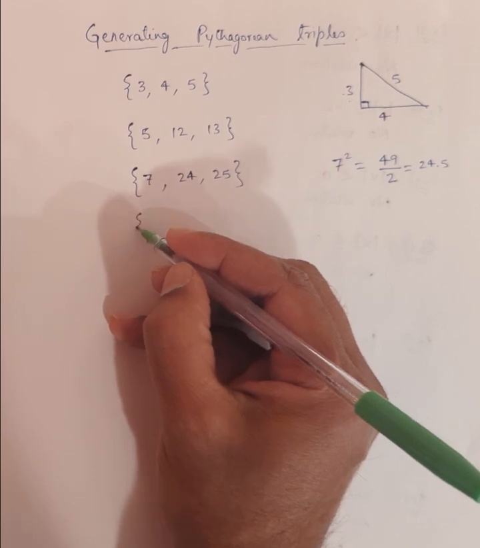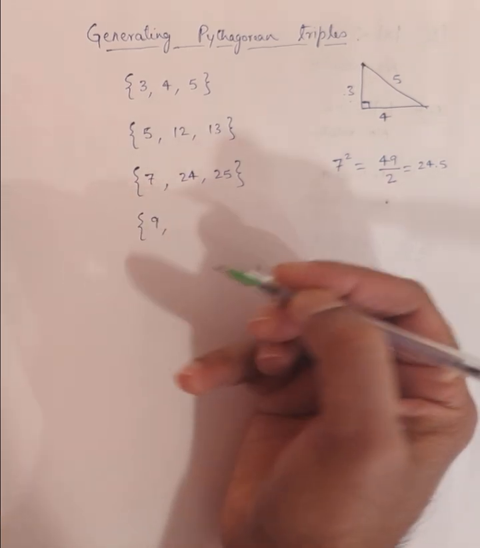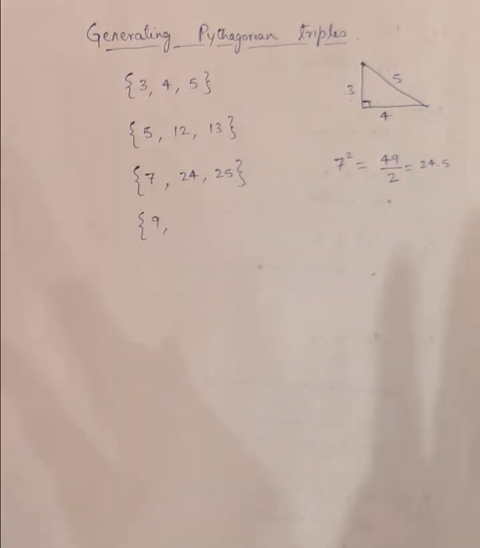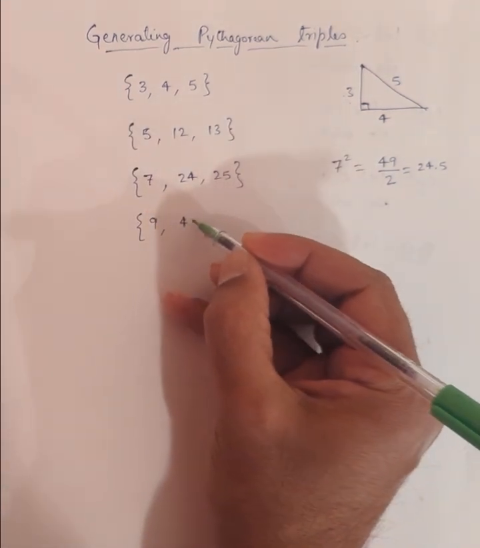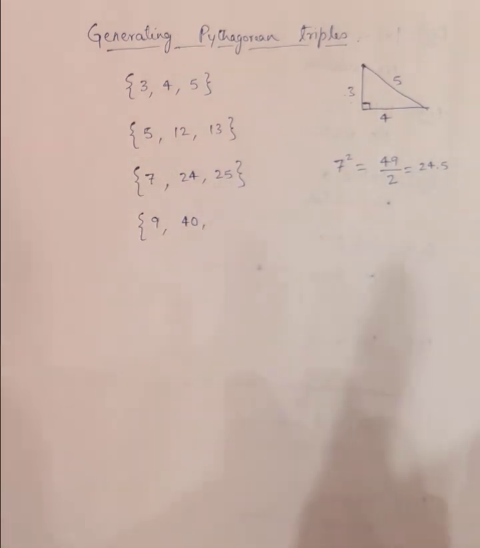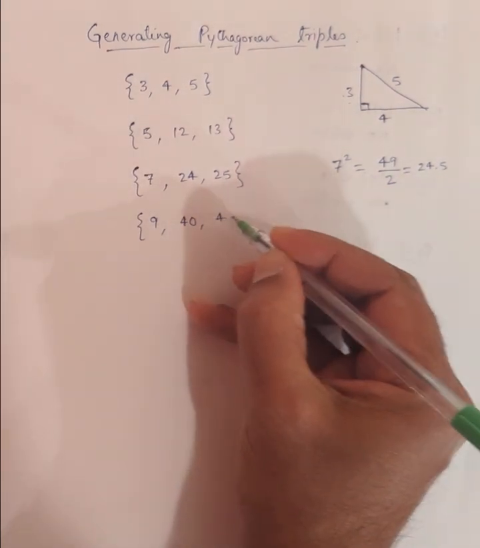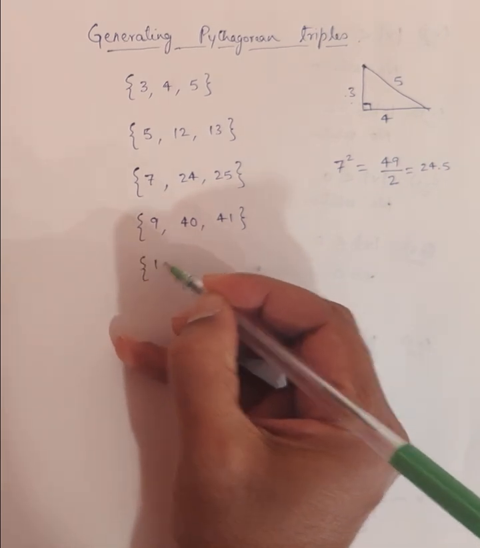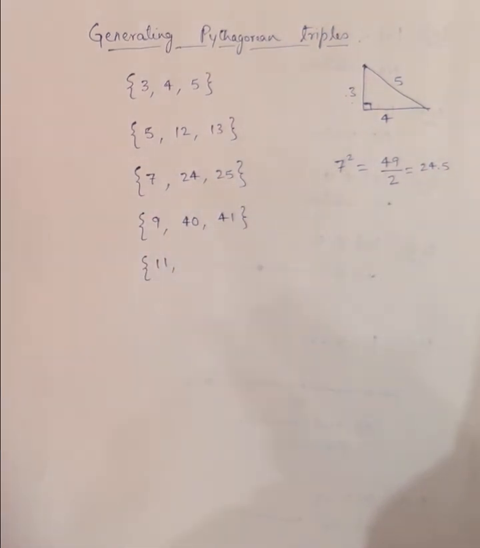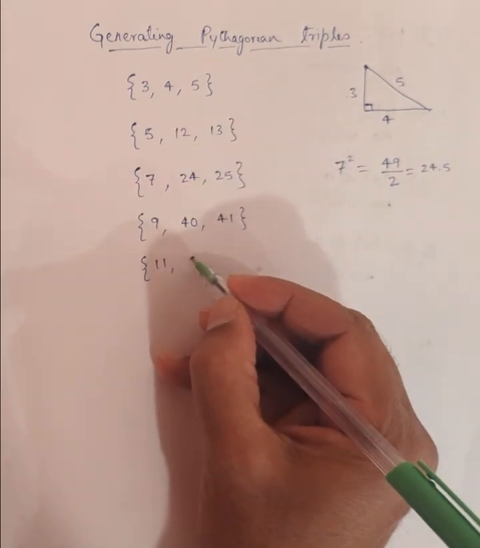So let's try in this example, 9. 9 square is 81, cut it in half, you get 40.5, so that's floor is 40 and then one more. Now this should work every time you start with an odd number. So if you start with 11, 11 square is 121, cut it in half, you get 60 and a half.